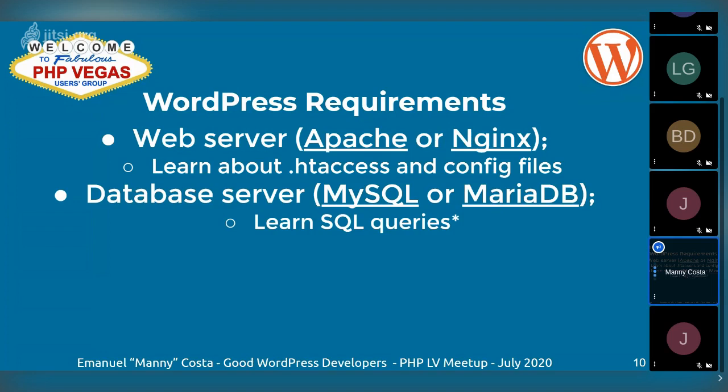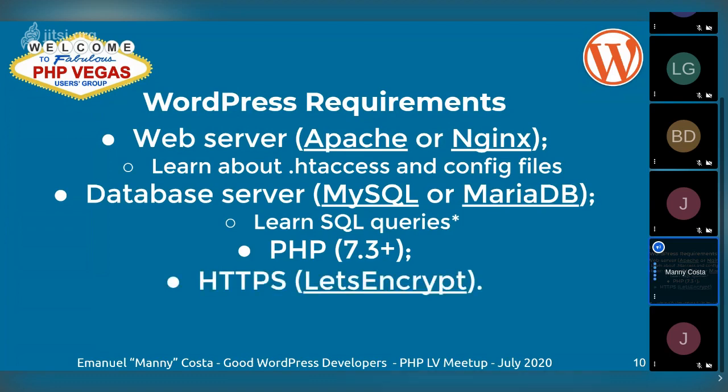It's important to understand SQL queries, but you should never write queries directly into the database because of the way WordPress works. And now PHP 7.3 plus is the recommended version of PHP for WordPress. This actually changed recently. It was 5.6 a while ago, and they changed this.